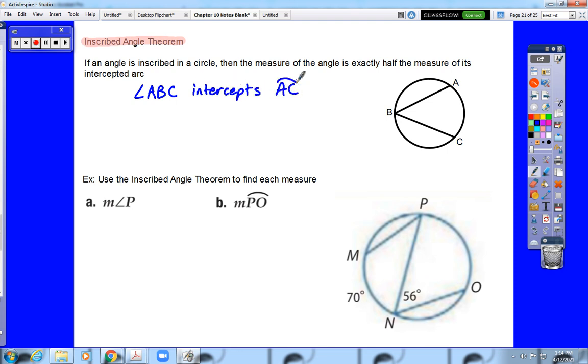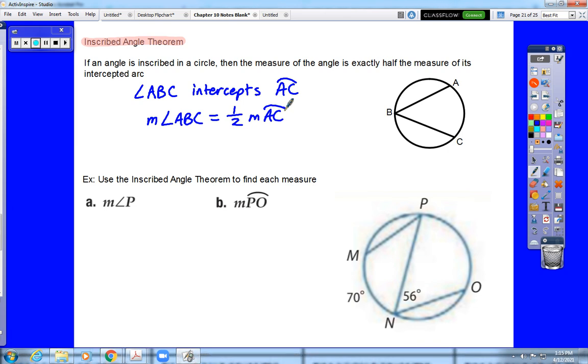Would you agree with that statement? What this theorem says is that the measure of angle ABC is equal to half the measure of arc AC. So what I'm saying is, if angle ABC is x degrees, then arc AC is 2x degrees. The inscribed angle is always half of the arc.